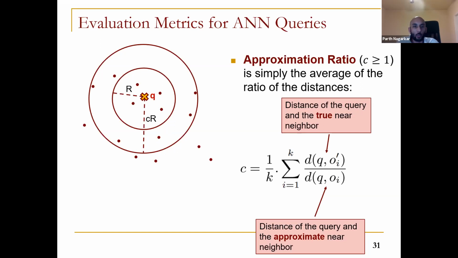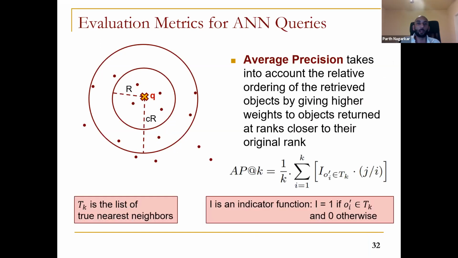The second one, which is more popular nowadays, especially in the machine learning community, is average precision. What average precision takes into consideration is the order of the results, whereas the approximation ratio does not take the order of the results into consideration.